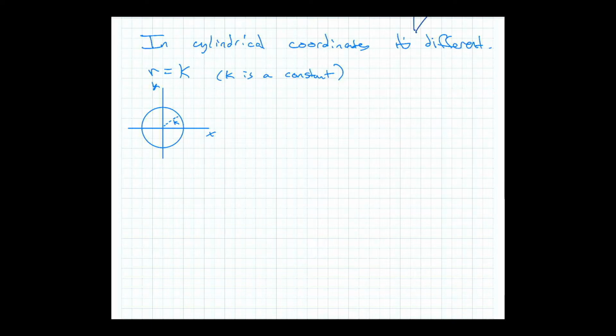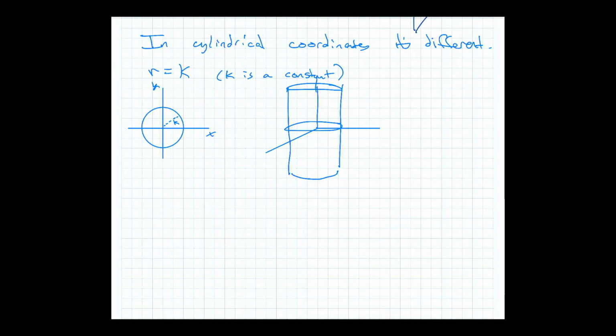But we know that if you say r equals k, if you have a circle in the 2D plane and the z value can be anything, you get a cylinder, right? We've talked about that in the previous section. That's what it looks like in the 2D plane, but in space, it's going to be a cylinder.